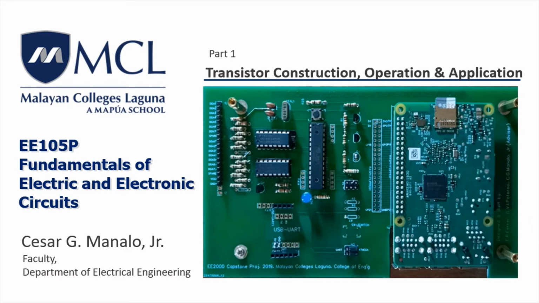The invention of the transistor led to the advancement of other devices like integrated circuits and eventually the invention of the microcomputers. In the picture in front, we can actually see an example of transistors.